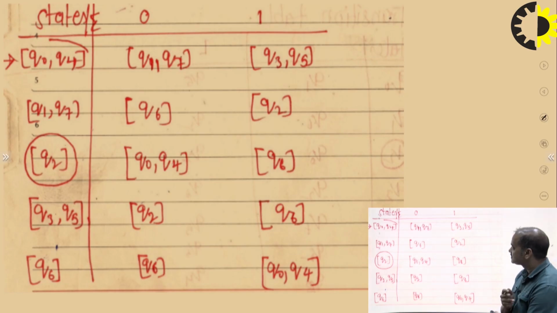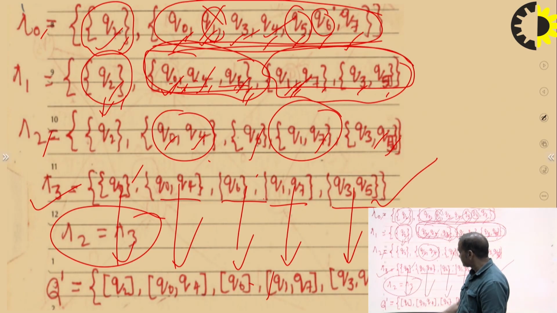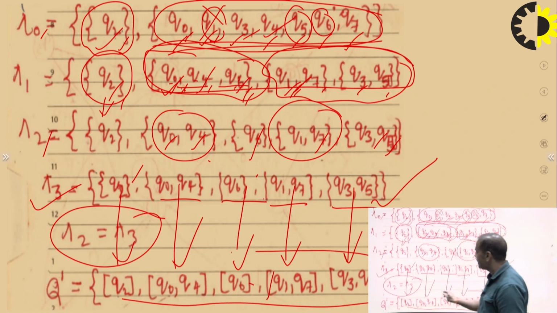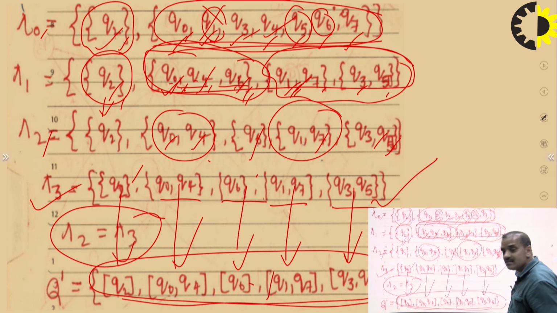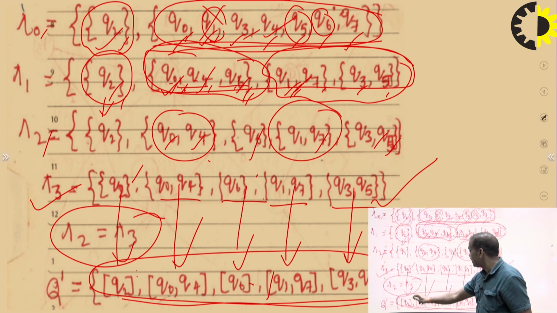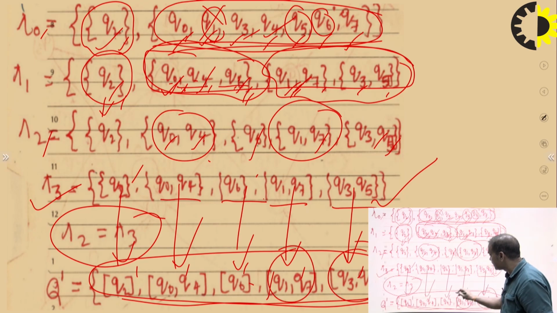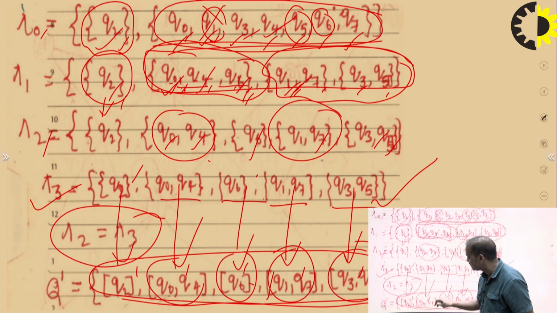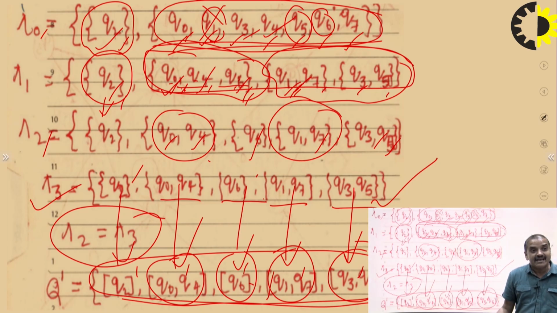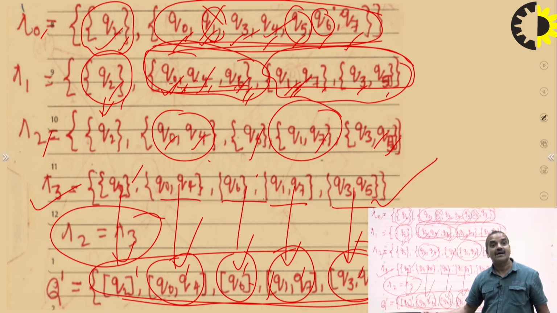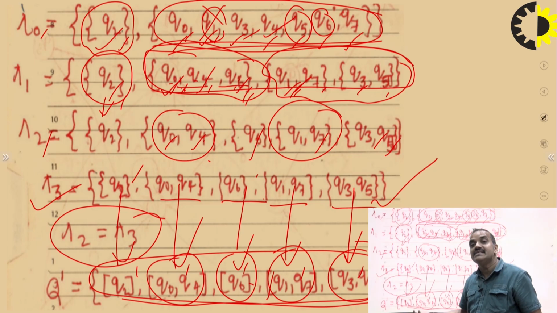Now, this is the table of the converted minimized DFA. First, these are the states. How many states are there? 1, 2, 3, 4, 5. This is a single state, already single, and this is single. We can rename them with other variables, maybe A, B, C, D, etc., but there is no need.